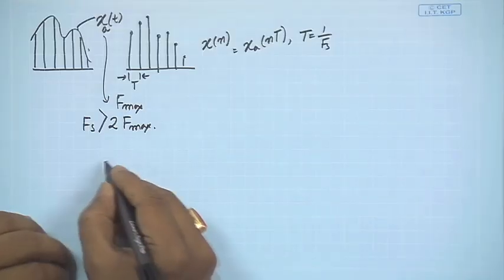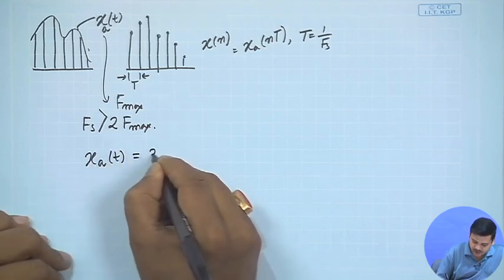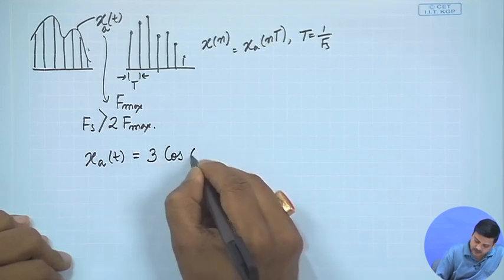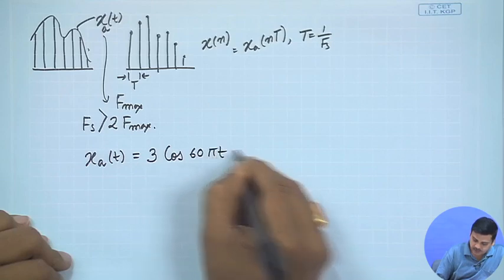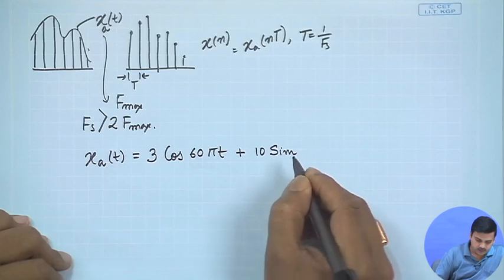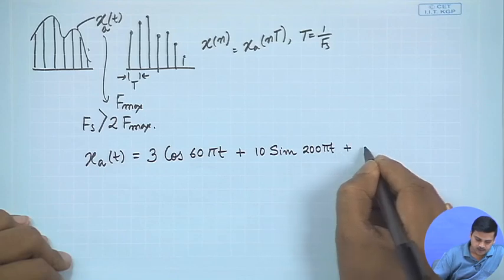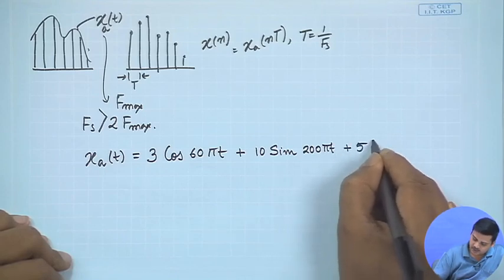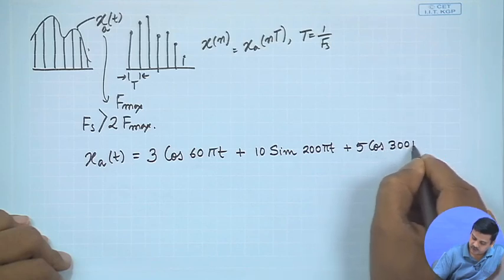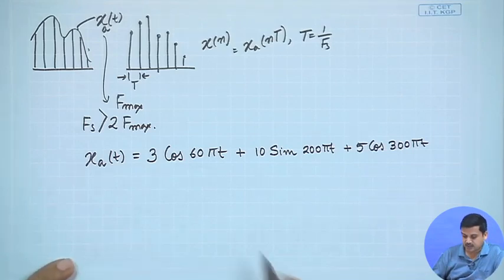So, suppose x a of t is given as 3 cos 60 pi t plus 10 sine 200 pi t plus 5 cos 300 pi t.